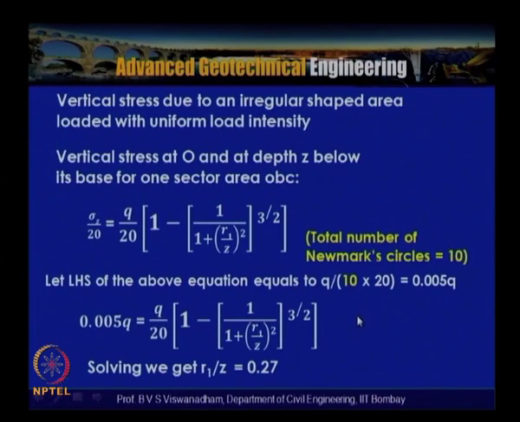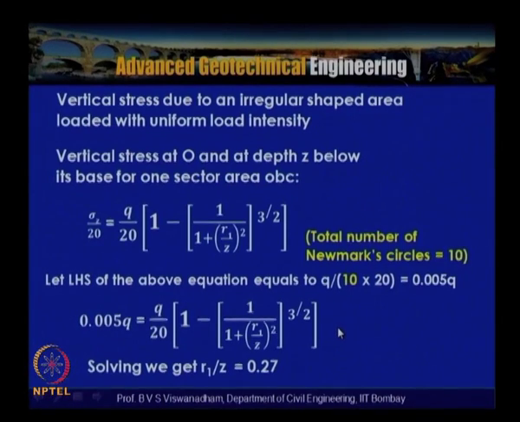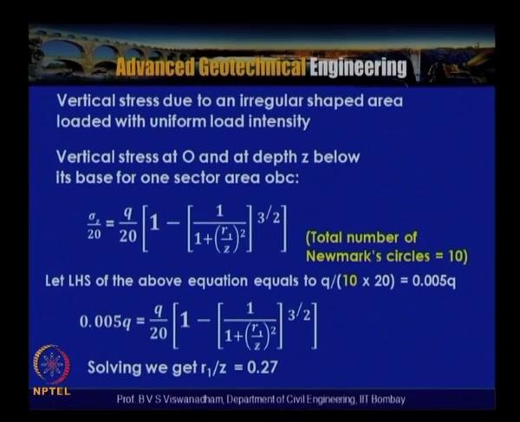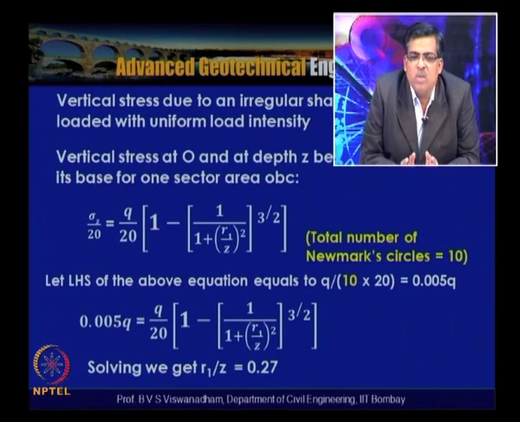Now, from the circular load principle, the vertical stress at point O at a depth z below its base for one sector area is Q by 20, because we are talking about one sector, into 1 minus 1 by 1 plus R1 by Z whole square to the power 3 by 2.